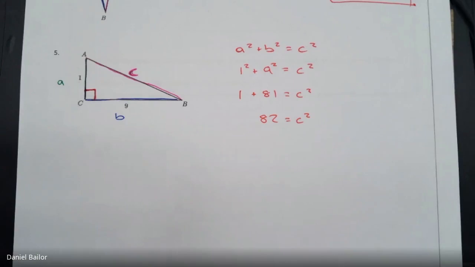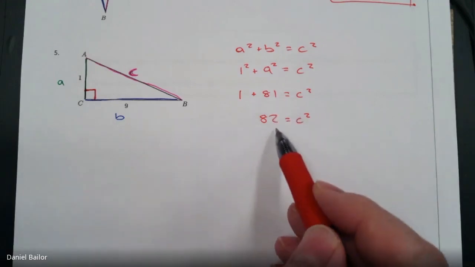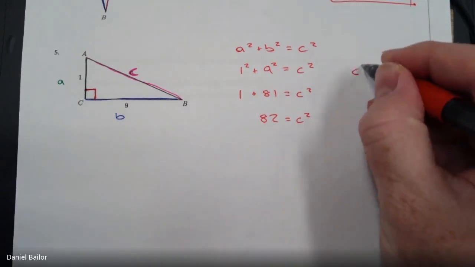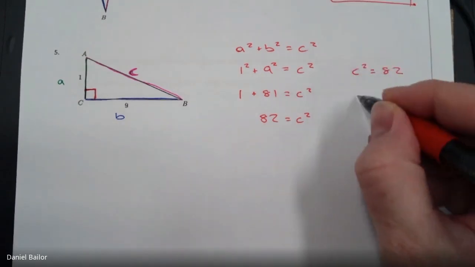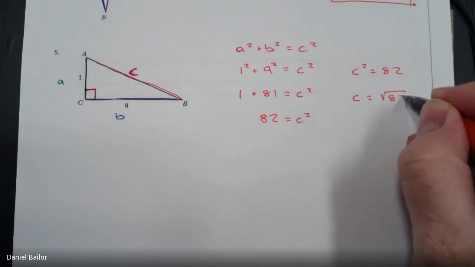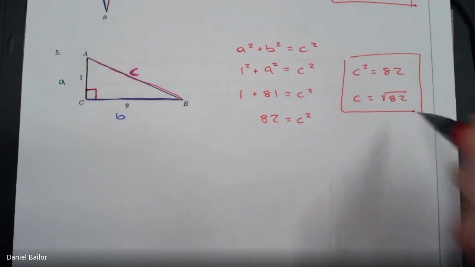And that is as far as we can simplify, because 9 times 9 is 81, so 82 is going to be 9 point something times 9 point something. But today we can just stop here. We can say C squared is 82, or you can say C by itself is the square root of 82. I will take both of those answers.